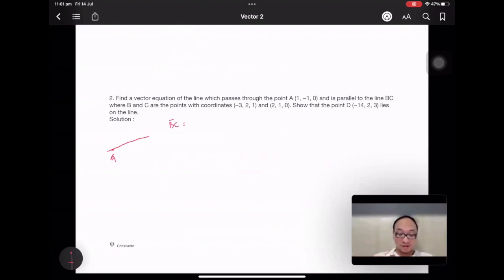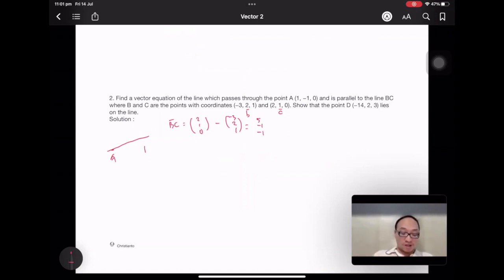The vector BC is C minus B. So this is C, this is B. So it's 2, 1, 0 minus -3, 2, 1 equals 5, -1, -1.